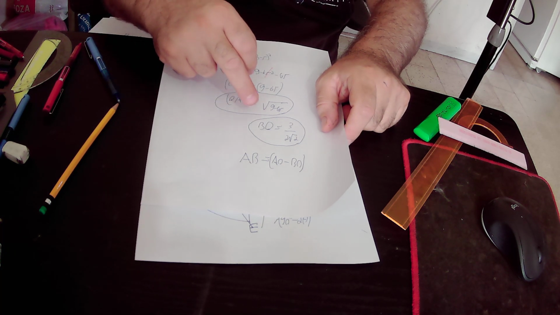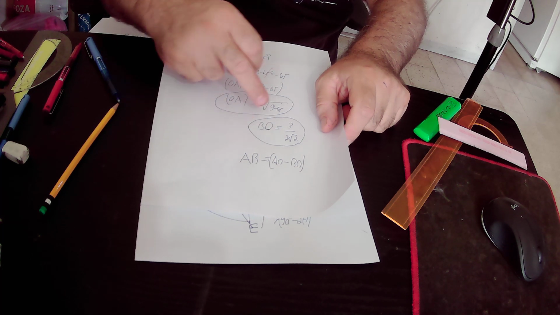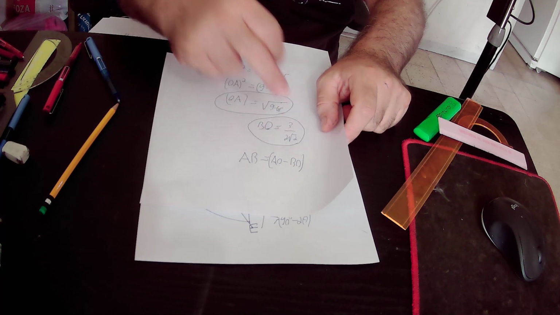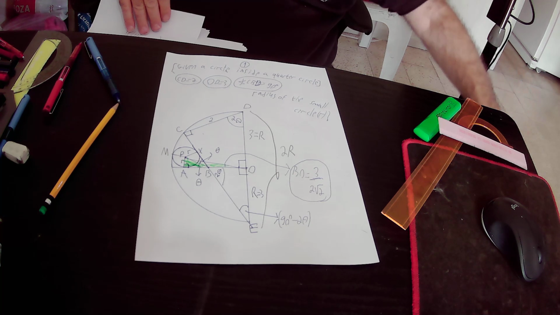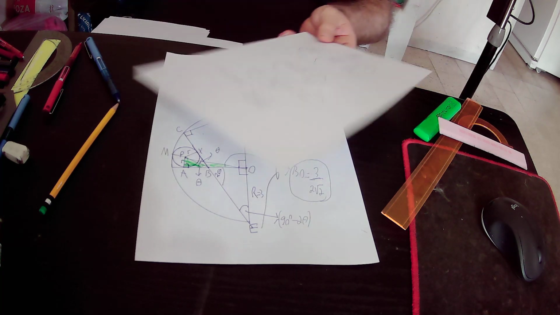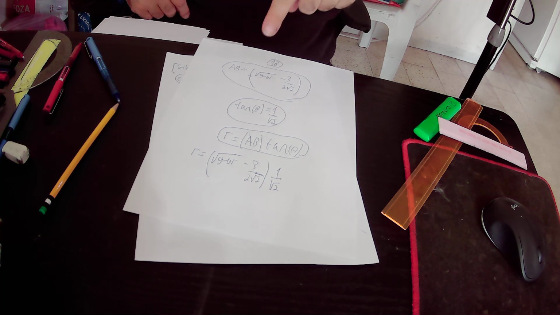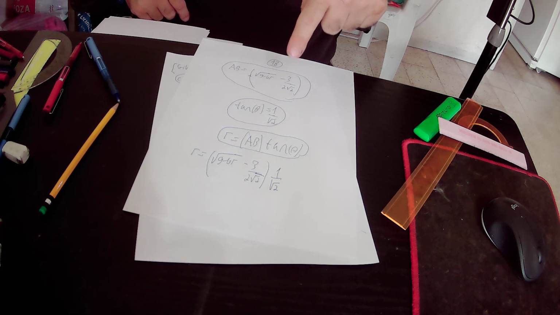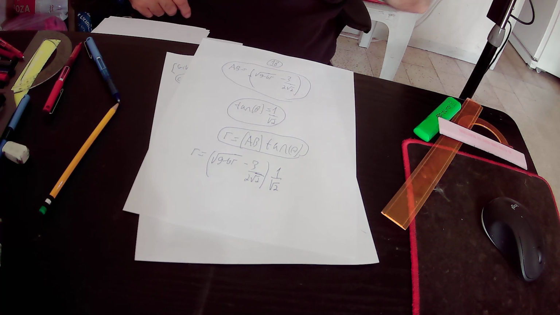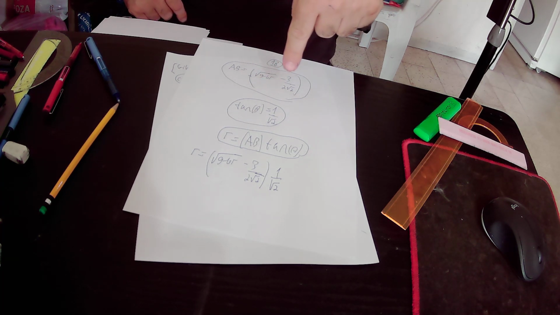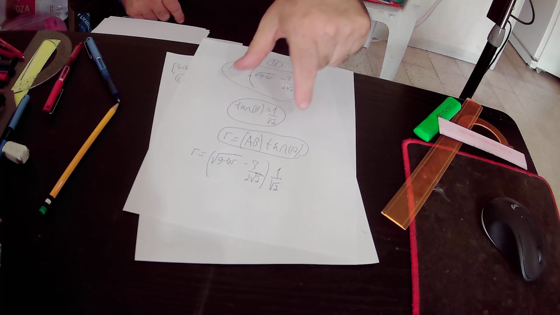So we substituted OA by its value, and we substituted BO by its value, and we found the value of AB. AB equals this expression, and we have already found that tangent theta equals 1 over root 2. So we can substitute AB by this expression, and tangent theta by 1 over root 2 in this equality.